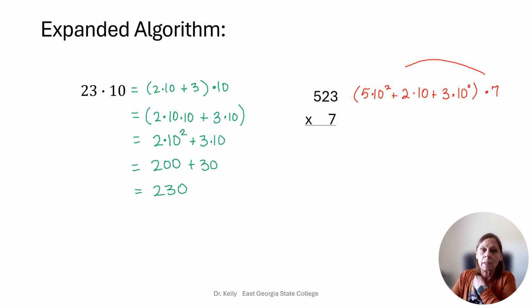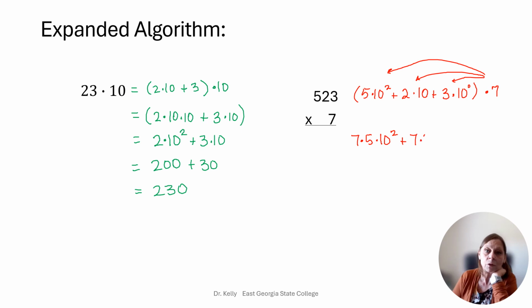So we're really thinking about just distributing that 7 in through the parentheses. Remember the distributive property over multiplication. So that gives us 7 times 5 times 10 to the second power plus 7 times 2 times 10 plus 7 times 3 times 10 to the 0, and remember anything to the 0 power is 1.